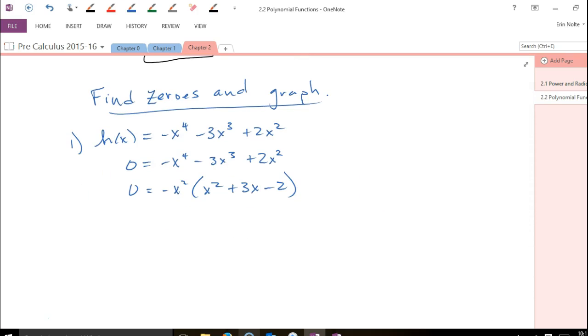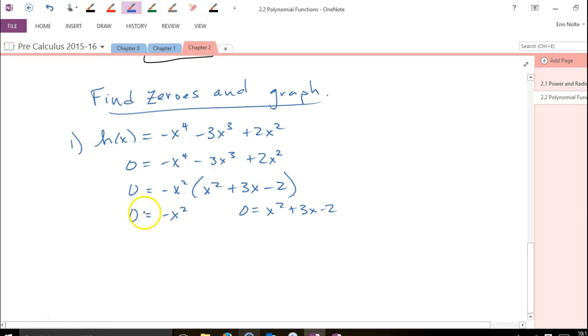Okay, so I'm almost done. Can I factor x squared plus 3x minus 2? Okay, what two numbers multiply to negative 2 and add to positive 3? Yeah, maybe not, right? Okay, so how am I going to solve that? Yeah, quadratic formula. So really quickly on the left-hand side, what's my 0 on this one?